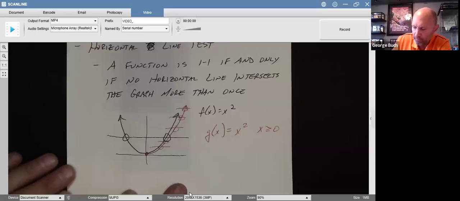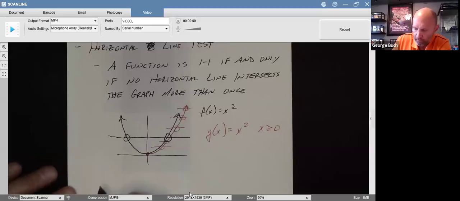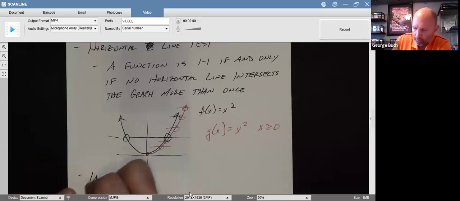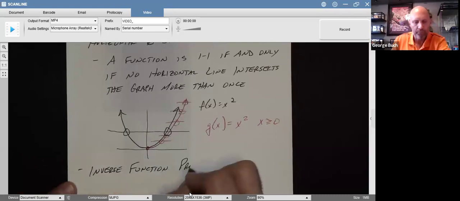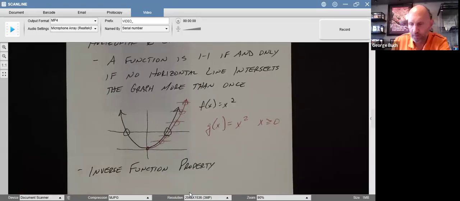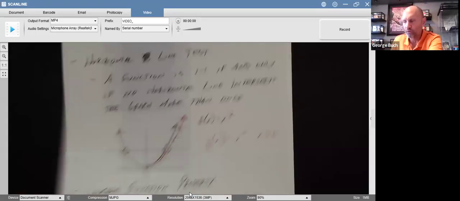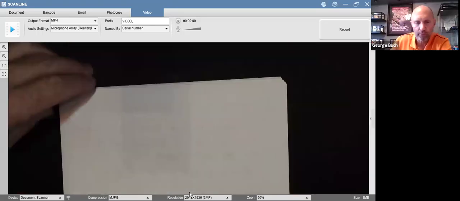A property of the inverse function property. Oh, you know what? I should first give you the definition so we know what terminology we're talking about here.